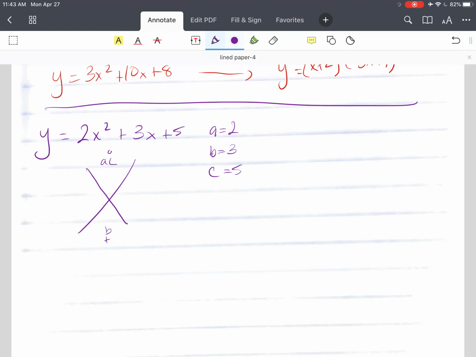You set up your diamond puzzle. A times c, b. 2 times 5 is 10. B is 3. So now you think about this. What two numbers multiply to 10 and add up to 3?